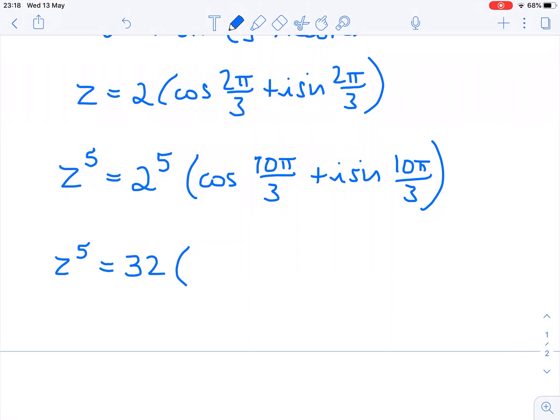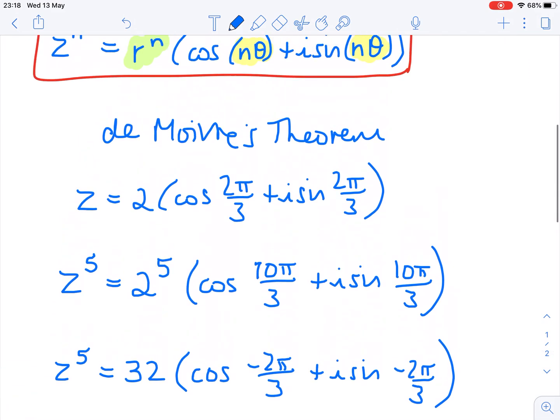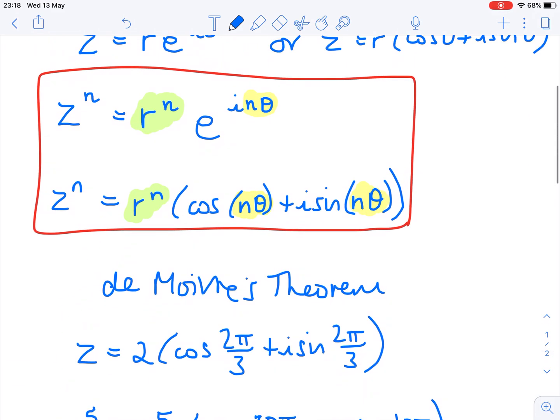So I'm going to subtract 12 pi over 3, and that's going to give me a principal value of the argument of this complex number of negative 2 pi over 3, plus i sine negative 2 pi over 3. So that's just simplifying one power of a complex number, but the bit in the red box is the idea that you need to take away.